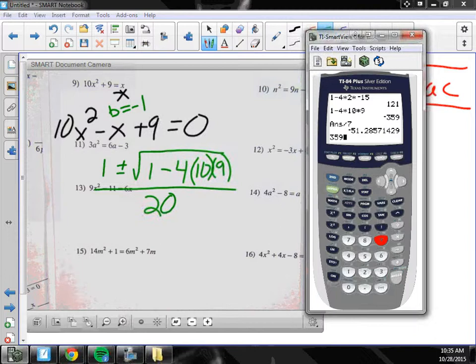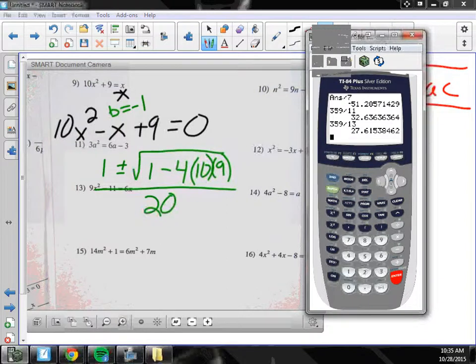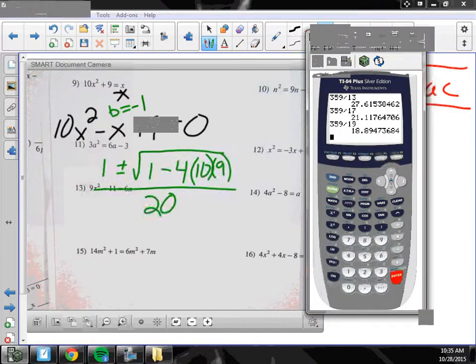What's the next prime number? 9's not prime. 11. So divide it by 11. That didn't work. 13. So 359 divided by 13. Nope. 359 divided by 17. Nope. 19. 359 divided by 19. Do I need to keep going?